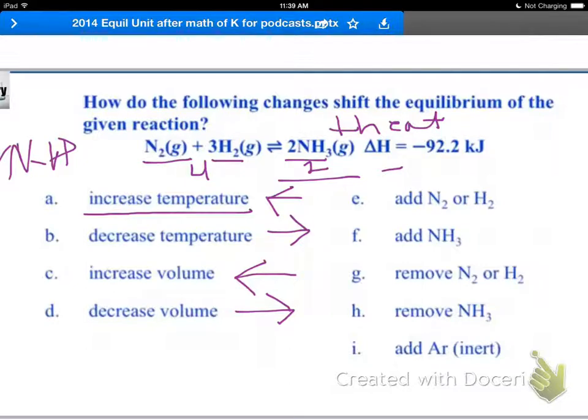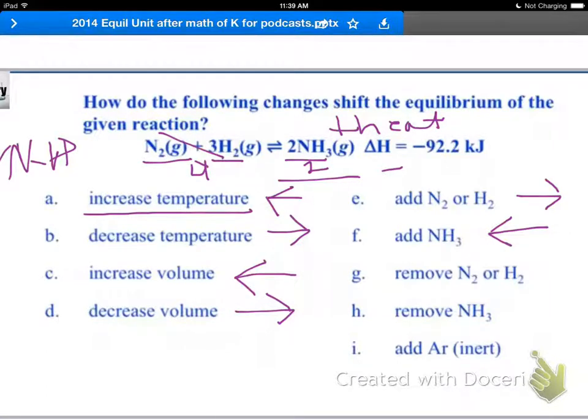If I add N2 or H2, I'm adding reactants. I need to shift right to get away from that. If I have NH3, I have excess product. I need to shift left to reduce products. Now, if I remove N2 and H2, it's just like lowering this, right?